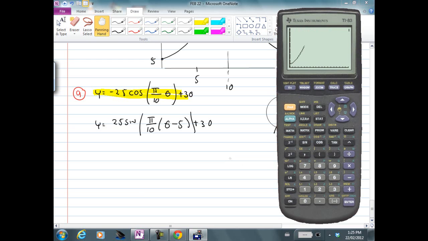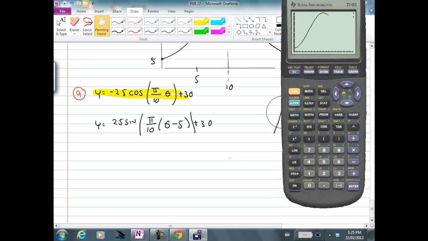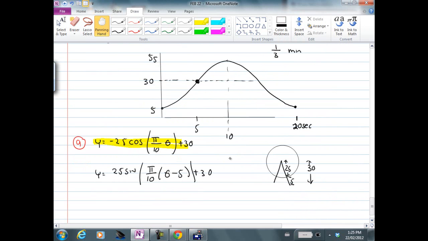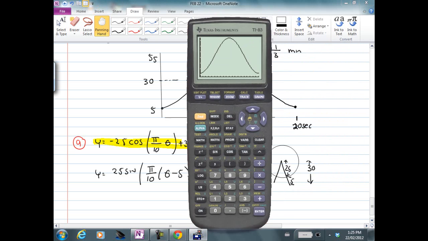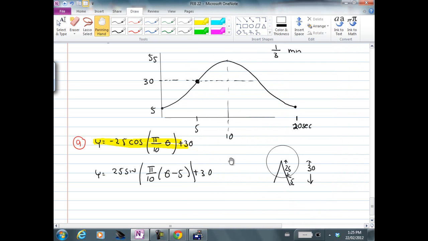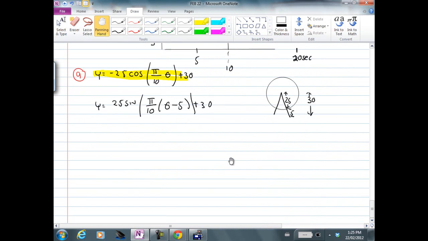At what time is the wheel at 46 meters high? You could plug it in, but it's more complicated. I choose the easiest graph.